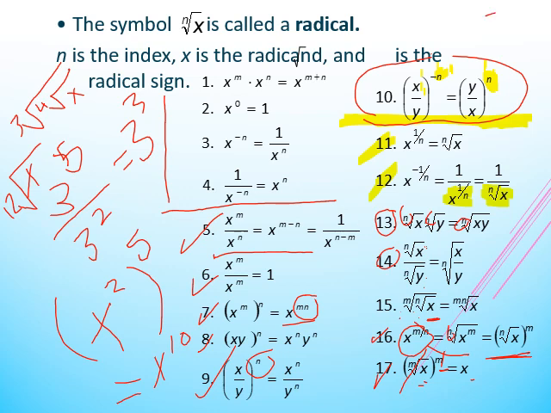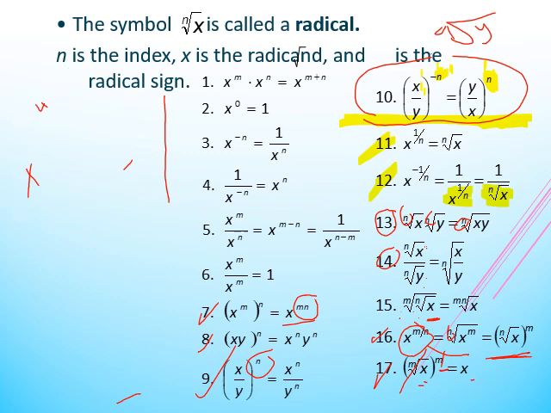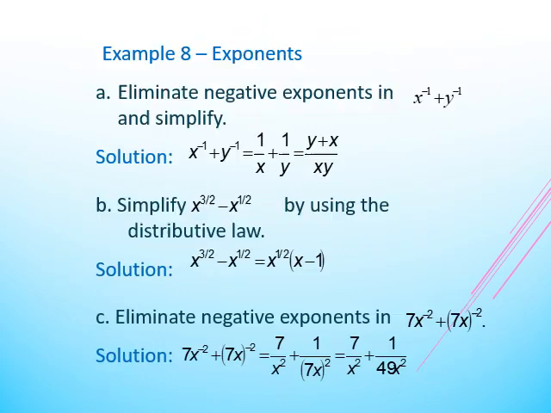For example, if we have a 9th root of y to the power 9, these eliminate each other and the value will be y. Take care with this rule, it's very important.